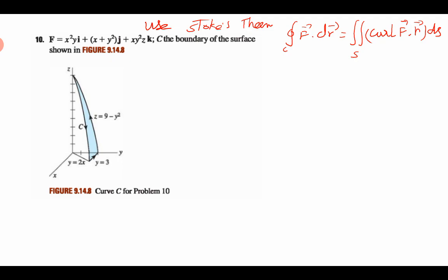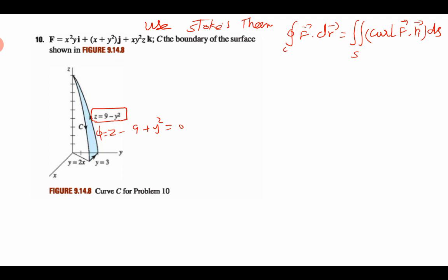First we will find curl F, and then we will find n cap by finding the surface. The surface is given here: z is equal to 9 minus y square. So we will write z minus 9 plus y square is equal to 0, which is our phi.